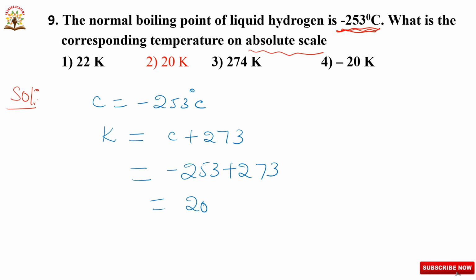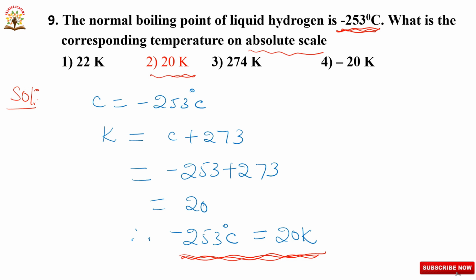So therefore, minus 253 degrees centigrade is equals to 20 Kelvin. This is the final answer. So the normal boiling point of liquid hydrogen is minus 253 degrees centigrade. Its corresponding temperature on the absolute scale is 20 Kelvin.